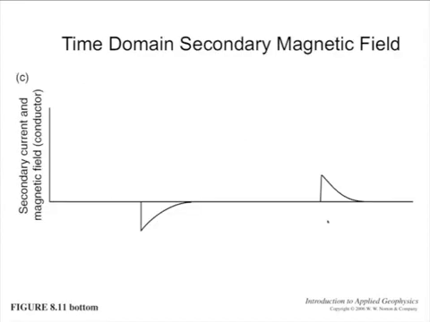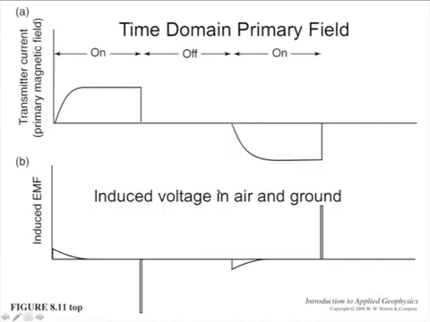You shut it off suddenly, and you're going to have this induced voltage that's opposing the change. Okay. The secondary magnetic field, due to those current cutoffs. Okay. I mean there is a small induced voltage when you're ramping up the current to start it again, but that's too small to observe usually.